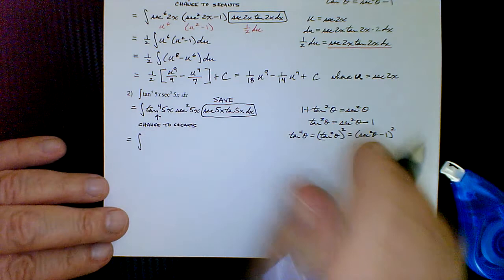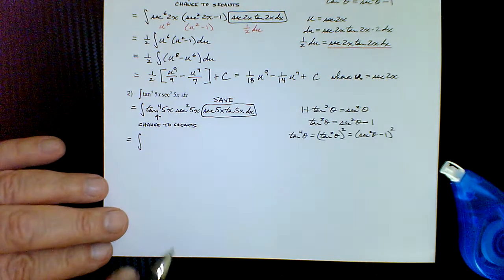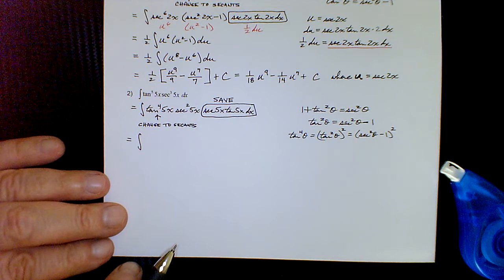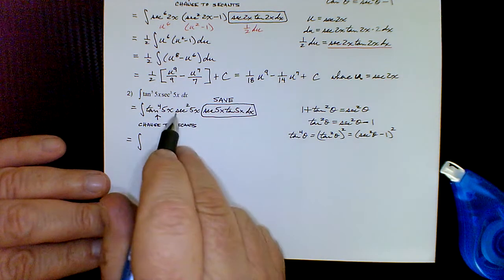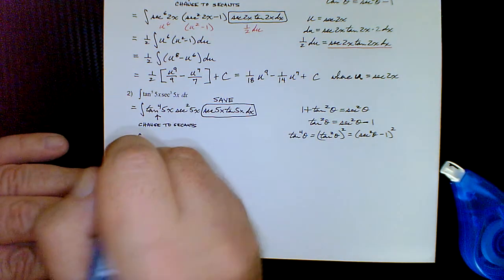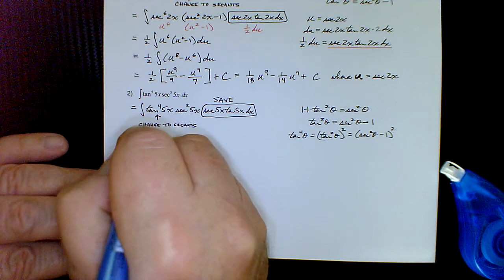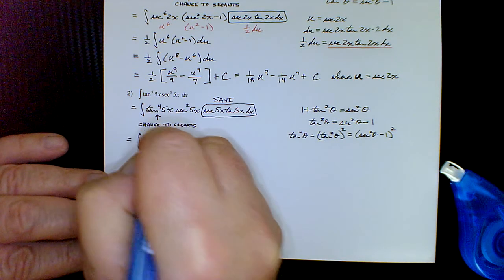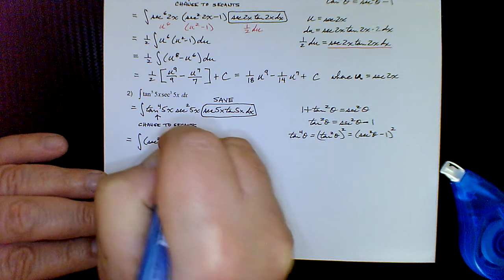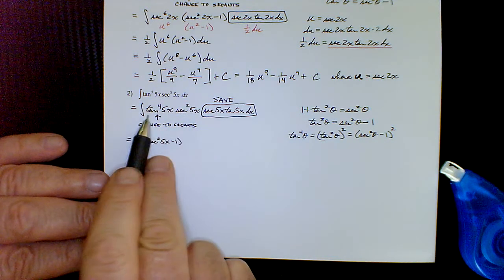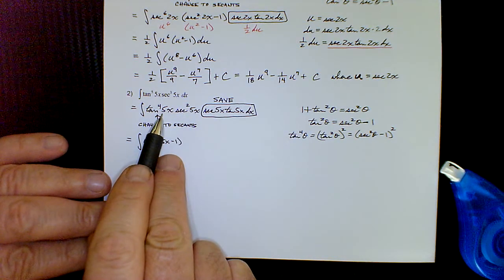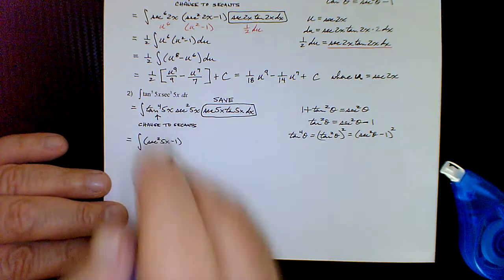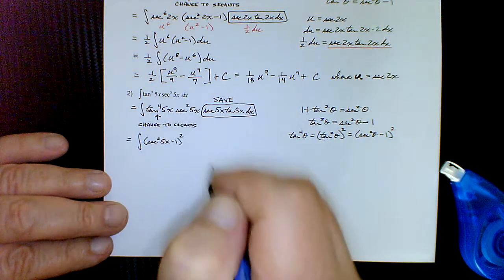Again, without even thinking about what we wrote over here, just try to think about it this way. Tangent squared is secant squared minus 1. So secant squared of 5x minus 1 will represent 2 factors of tangent of 5x. To represent 4 factors, we're going to have to square that.